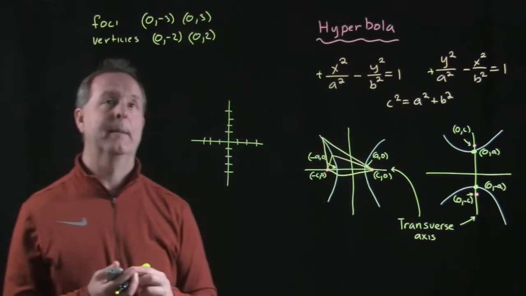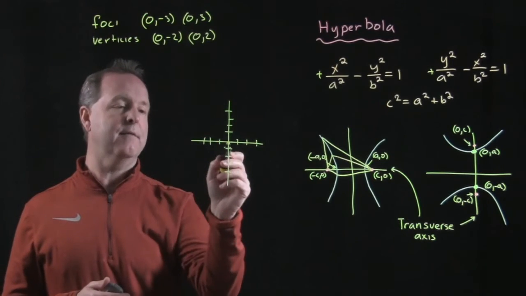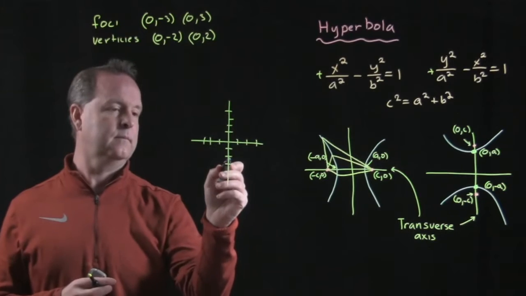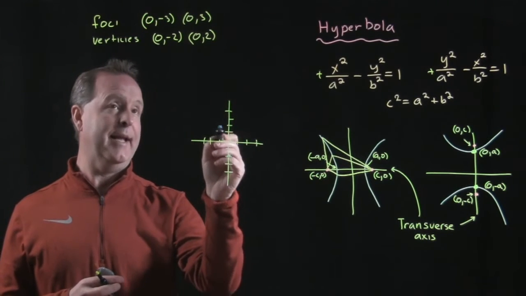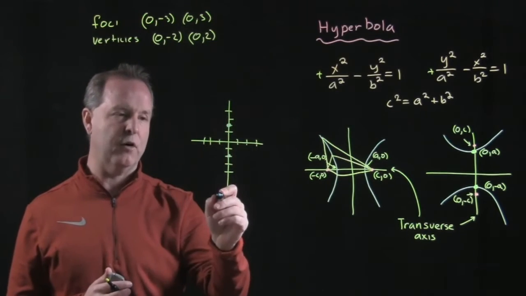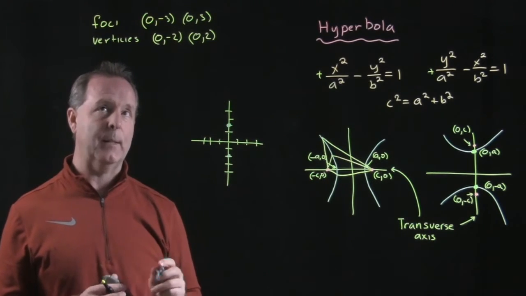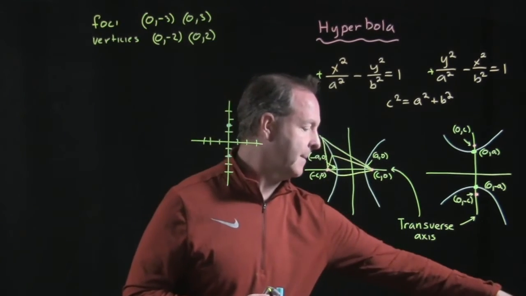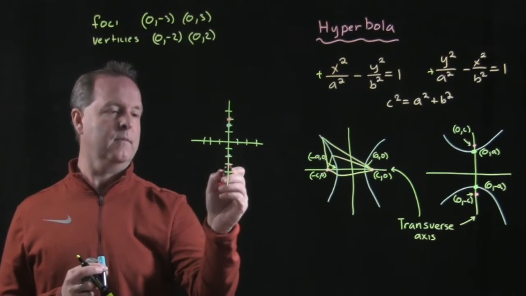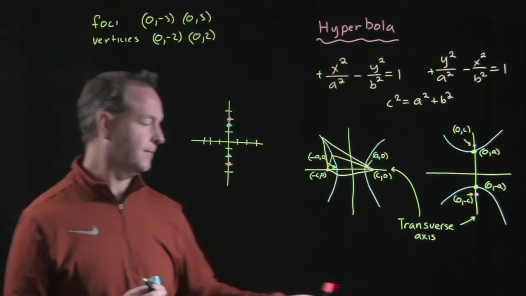So I know I have vertices at 0 and negative 2, and 0 and positive 2. I know I have a vertical transverse axis. And then I have foci located at 0 and 3 and 0 and negative 3.